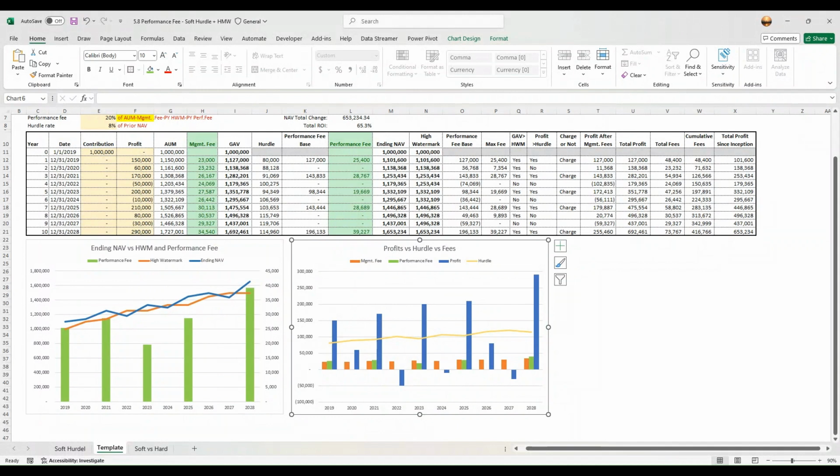Also, when the profit of this year is big enough to cover the management fee and the performance fee hurdle. I hope these two little charts help you have a visualized idea about high watermark and how this performance fee is calculated and related to other components like the hurdle and the profit.